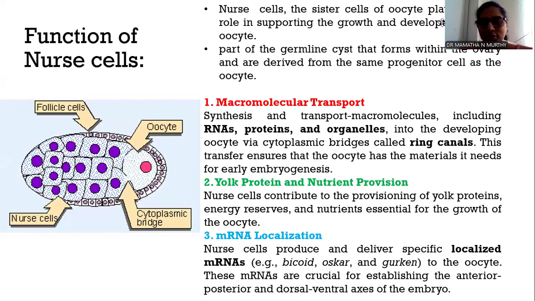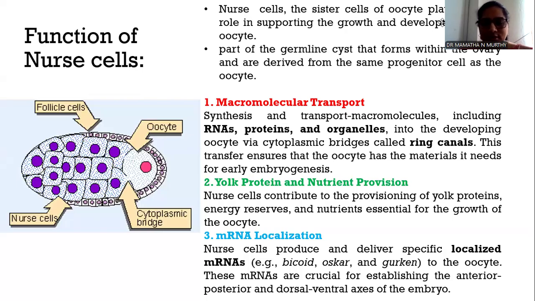So these nurse cells contribute to the provisioning of proteins, energy reserves, and nutrients, which are essential for the growth of the oocyte. They are also involved in mRNA localization. The morphogenic mRNAs like bicoid, oskar, and gurken are placed in a particular region for further expression, even after fertilization, to make the protein gradient.